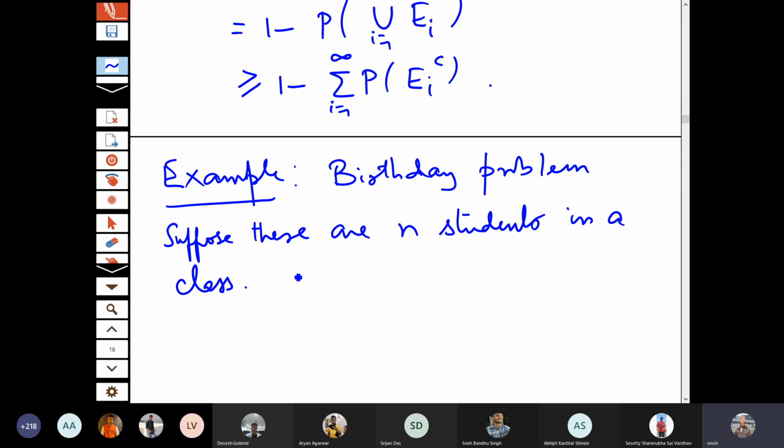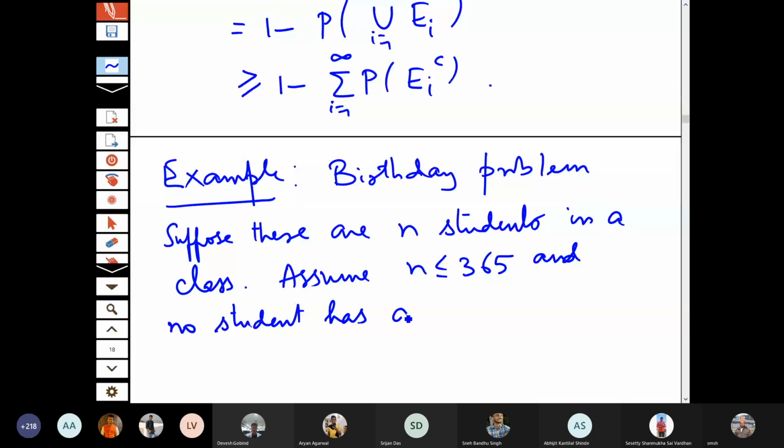Assume n is less than or equal to 365 and no student has a birthday on, say, 29th February. I'm leaving out the leap year here.